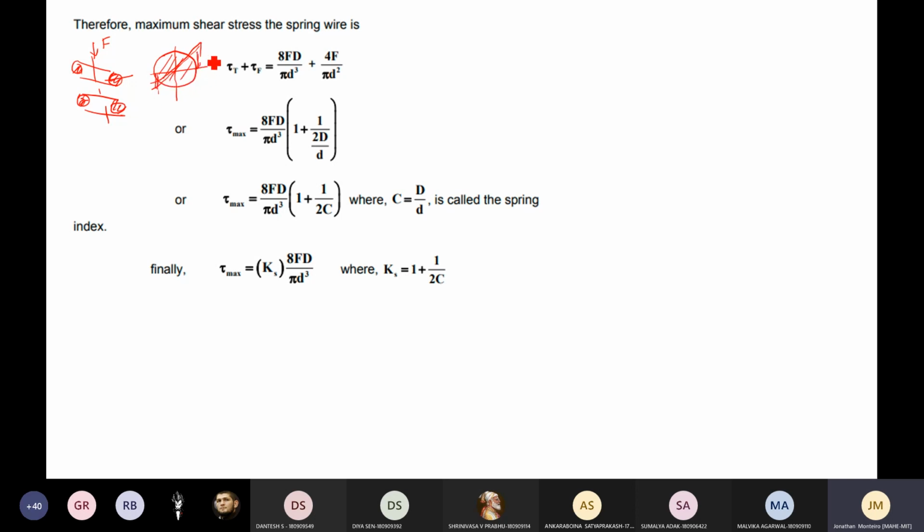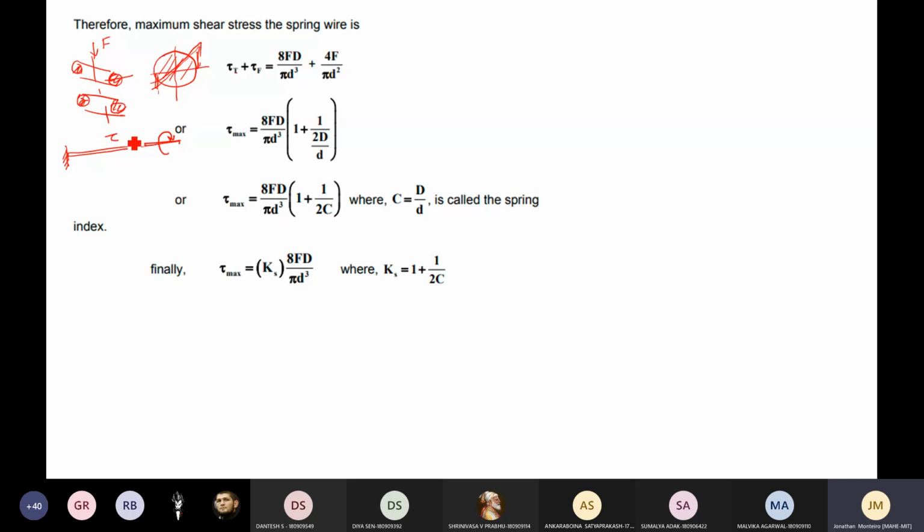Now, how did we get this graph? See, there are two stresses here. One is the torsional shear stress. We know that the spring is made of wire, a very long thin wire. It is equivalent to holding it on one end and providing a torsion at the other end.